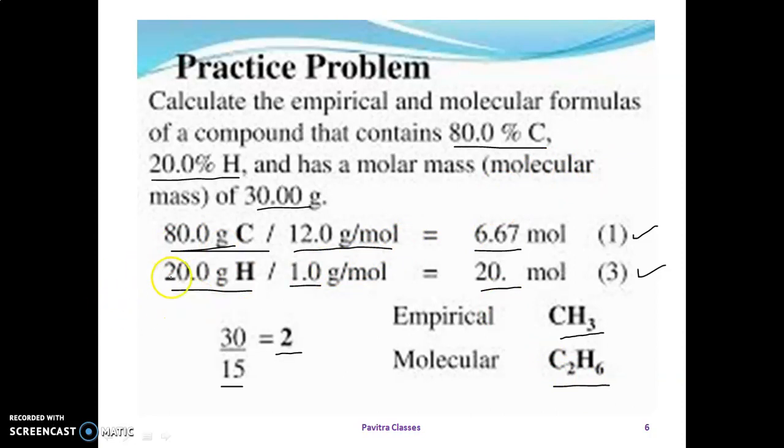So step by step: take the percentage to gram conversion by the atomic mass, then take the ratio by the least number, then empirical formula calculation. Once you get the empirical formula, convert it to empirical formula mass, then calculate the integer multiple. Once the integer multiple is calculated, multiply by the empirical formula, then you will get the molecular formula.